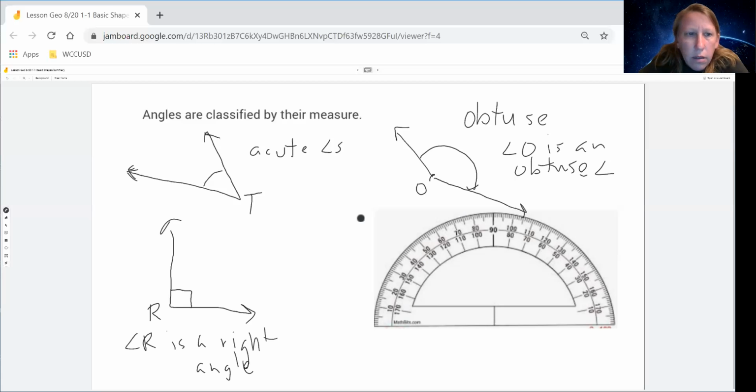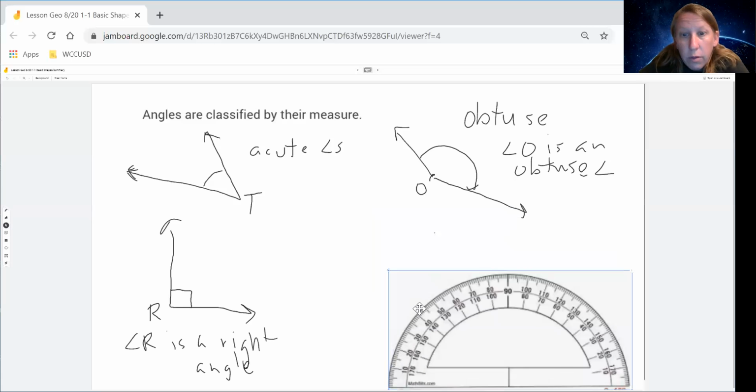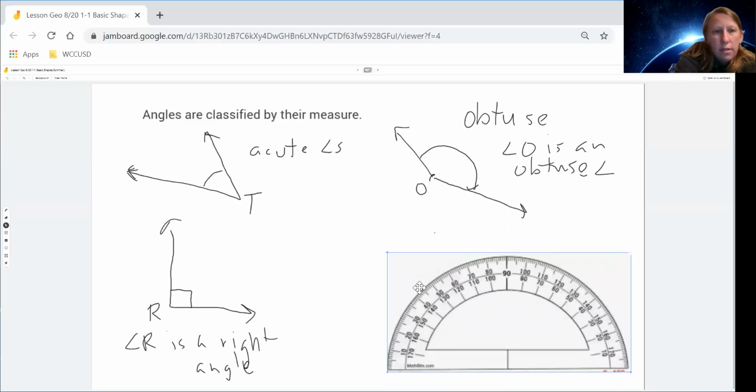Okay. And what about the fourth one? The one that we always forget about is this one. Kind of weird. They're not very useful. We don't talk about them too much. Okay, this is HIJ.